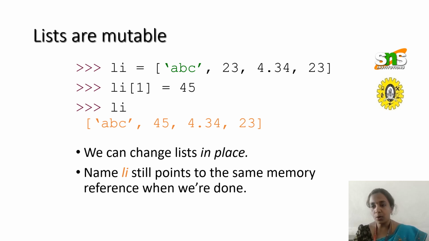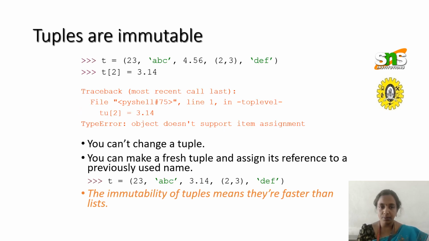That is why we call every list mutable. I can change the list, I can always edit the list, because of that we say it is mutable, through replacement. Tuples are immutable. Tuples will always be represented by round brackets. You can't change a tuple.